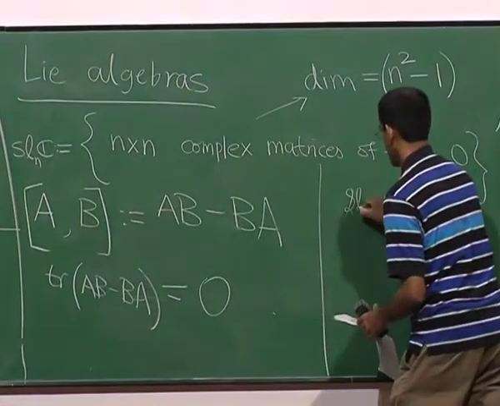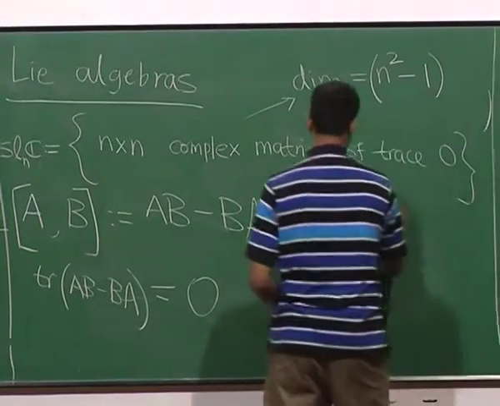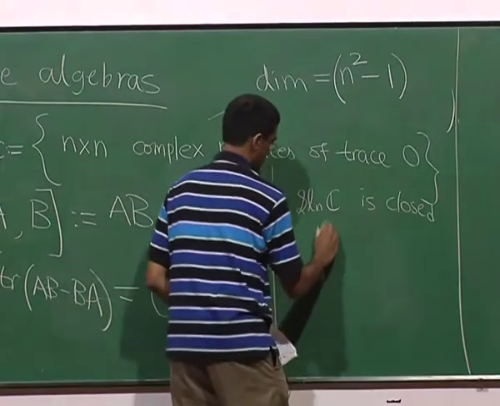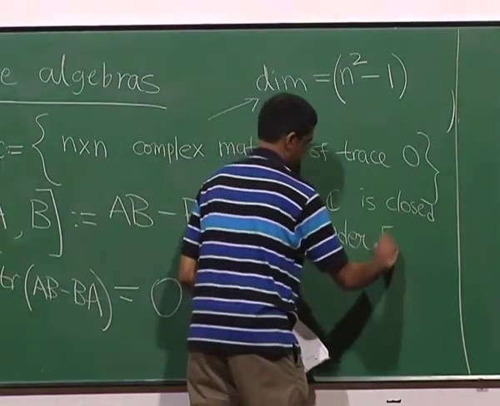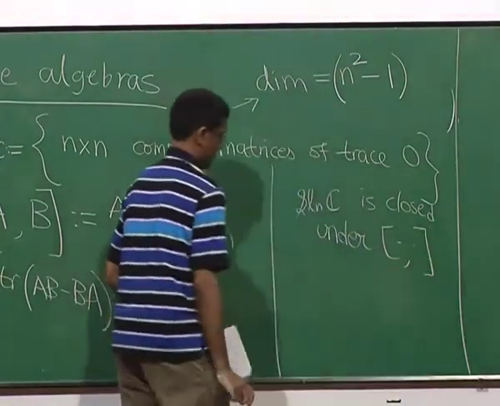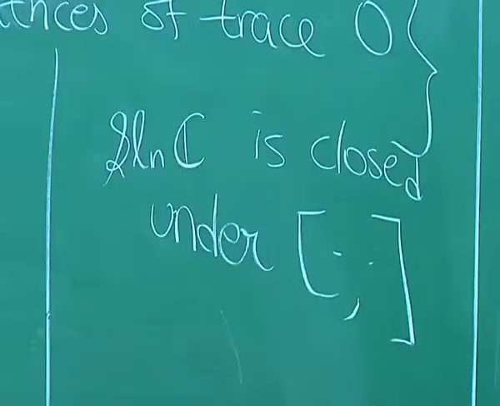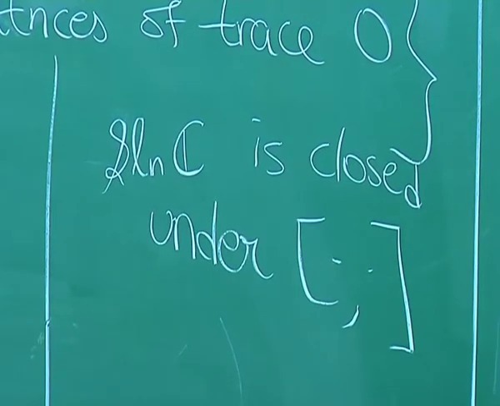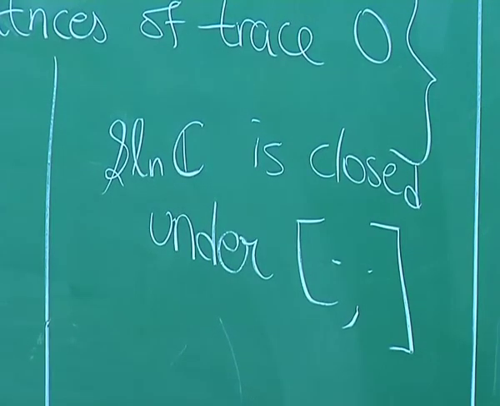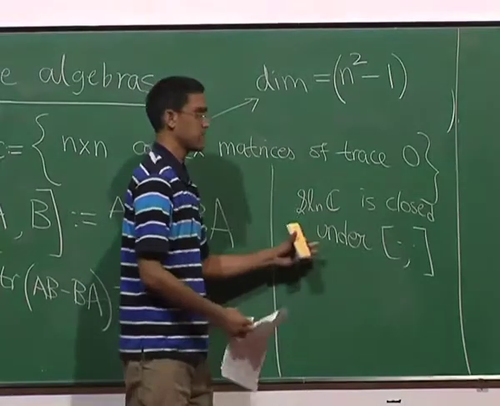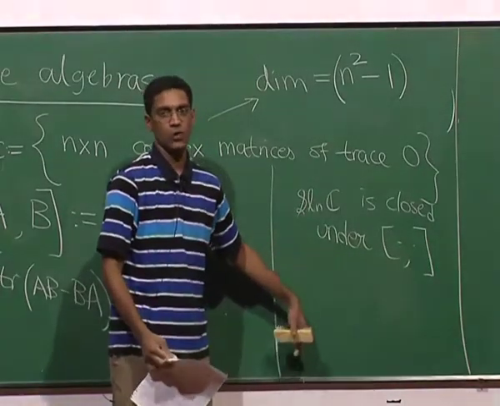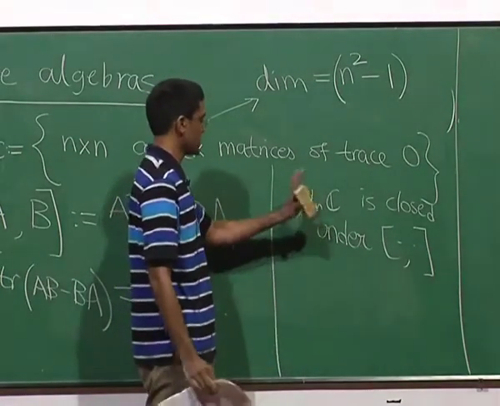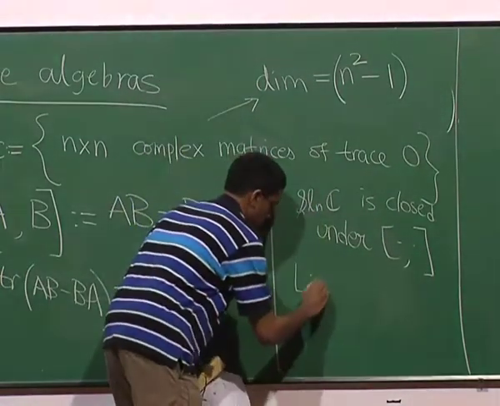So observe that sl_n(C) is closed under this bracket operation. And the bracket operation satisfies two other axioms, which I won't necessarily go into. They're called skew symmetry and the Jacobi identity. So in general, a Lie algebra is any vector space which has a bracket operation satisfying two axioms, okay, which are skew symmetry and the Jacobi identity. And this guy is a Lie algebra. Okay, so this fellow is a Lie algebra.